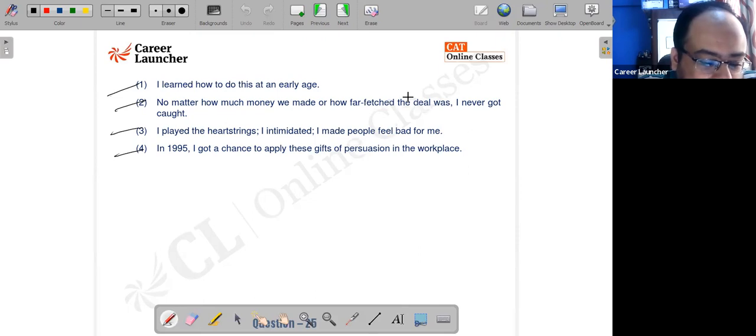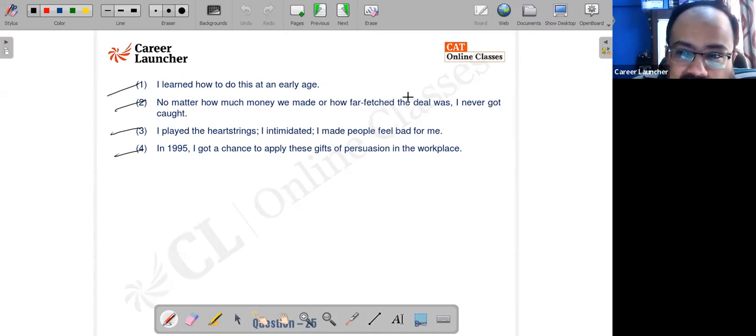Ritik different answer. Janvi different answer, 26th. Anubi different answer, 26th. Akshit different answer 26. Ritik different answer 26.